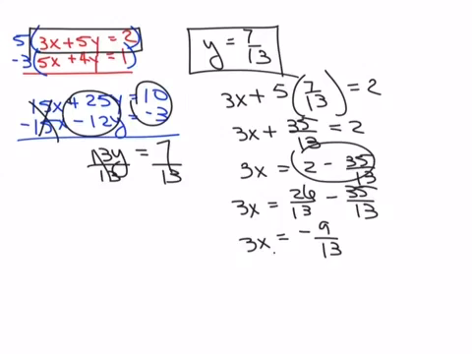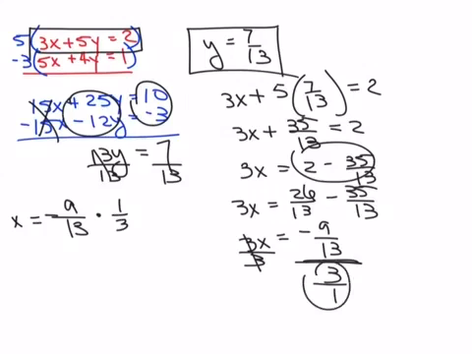Alright, so we divide by 3, and I'll go over here to the left. X equals negative 9/13 times 1 over 3, because remember, when you divide, you invert and multiply.